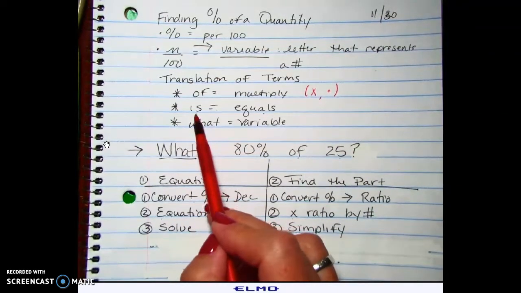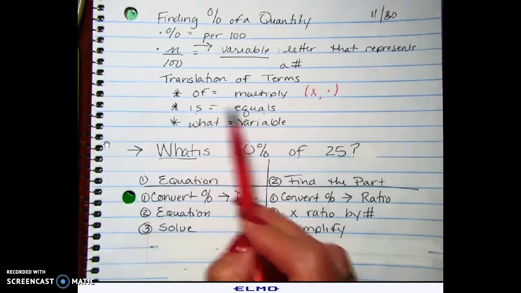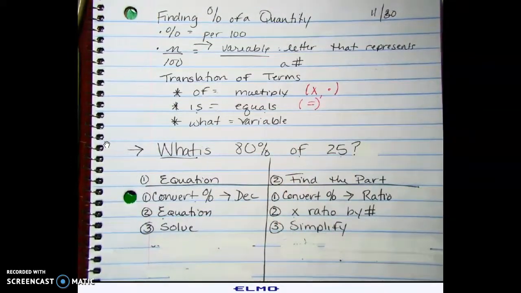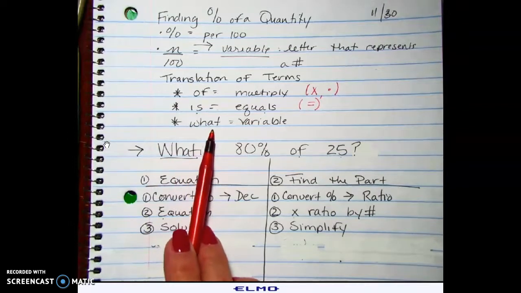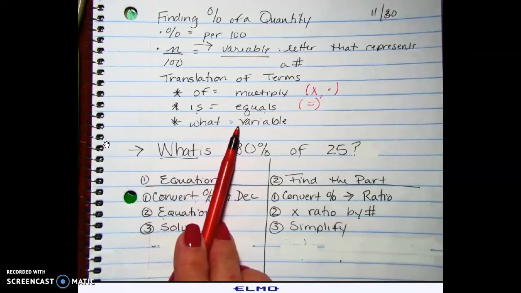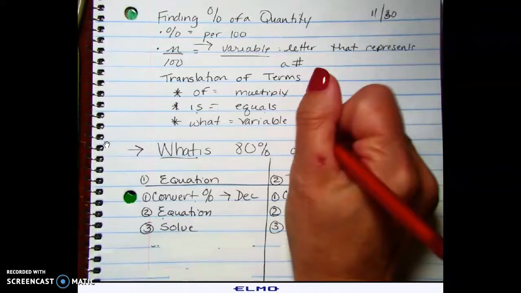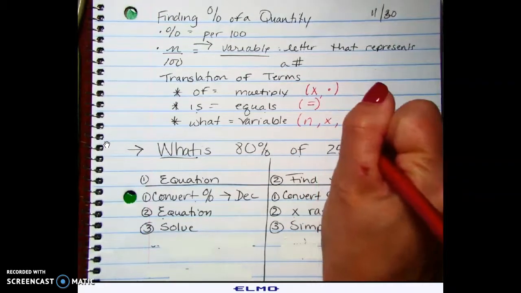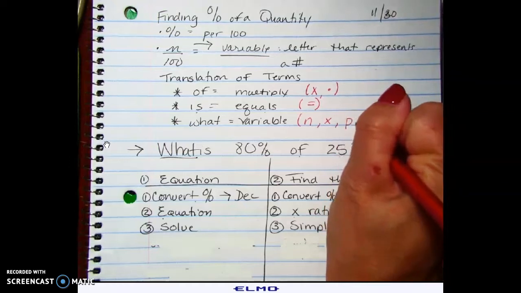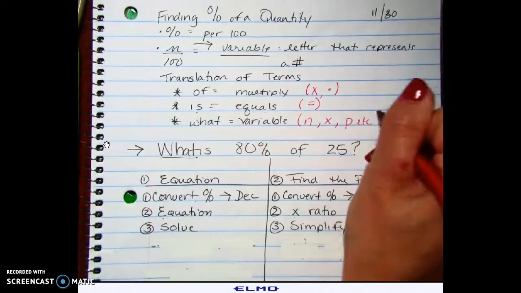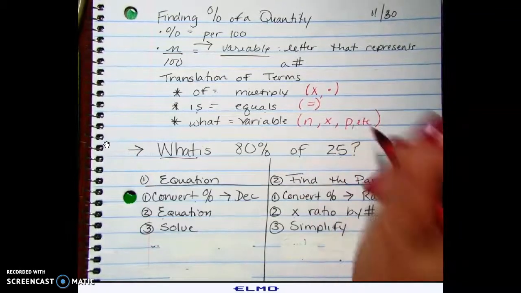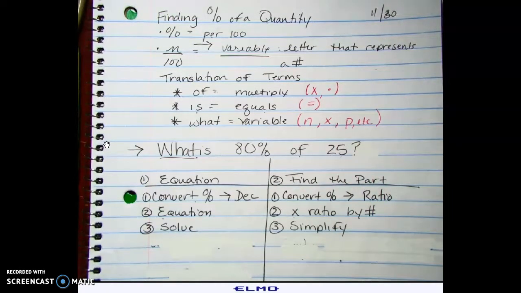Next, if you see the word is means equals. So of course you're going to use your equal sign. And then if you see the word what, that's going to be your variable. Now, variables can be n, it can be x, it can be p, etc. It can be any alphabetical letter. However, you don't want to use L or O because it looks like 1 and 0 respectively.